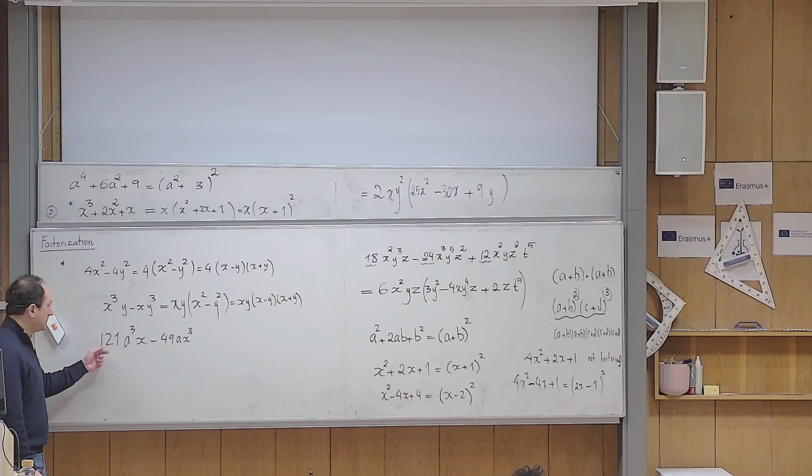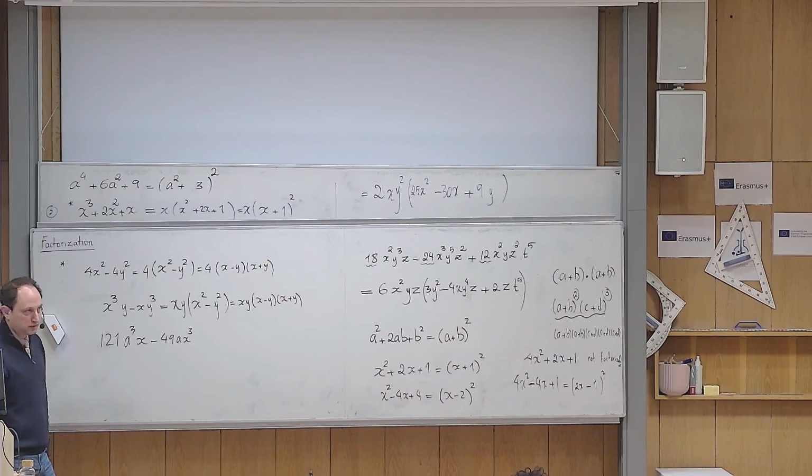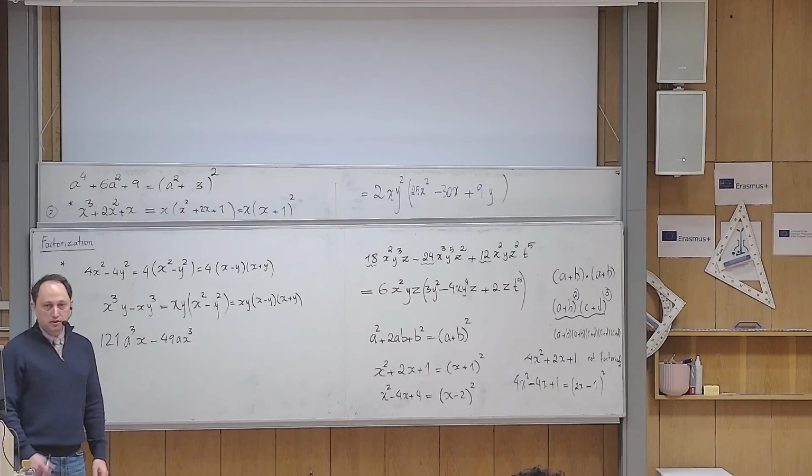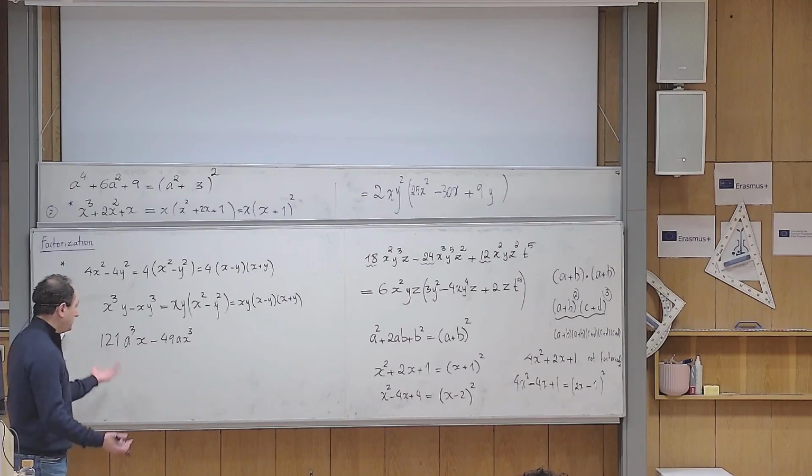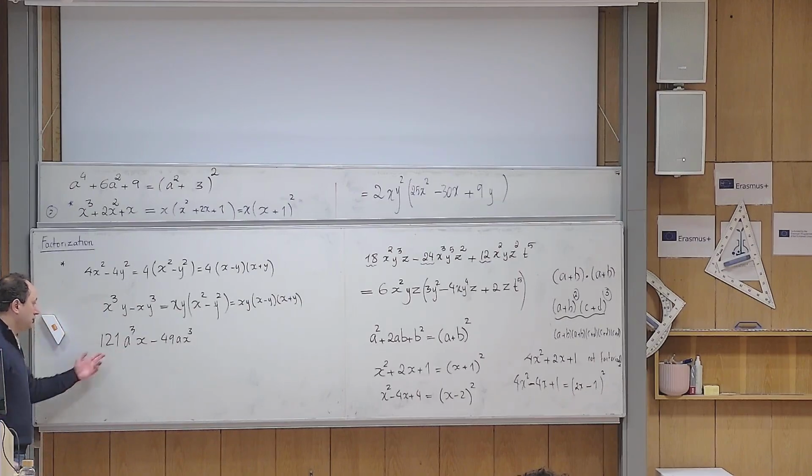Do you know 121 is a complete square? Yes? Do you remember what number is that? 11. 11 to the power of 2 becomes 121. But I told you, if it is in the exam, I will not give you very big numbers. And 49 is the complete square of which number? 7. But of course, 7 and 11 have nothing in common, so I cannot pull anything out from the numbers' point of view. But from the letters' point of view, it is possible.